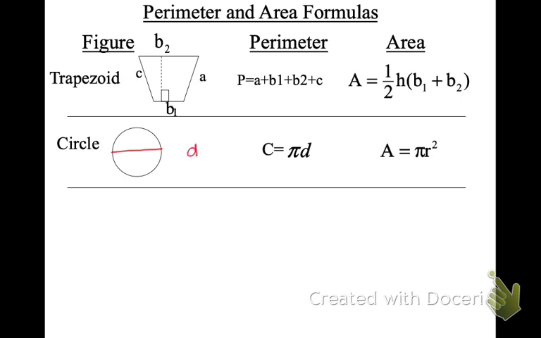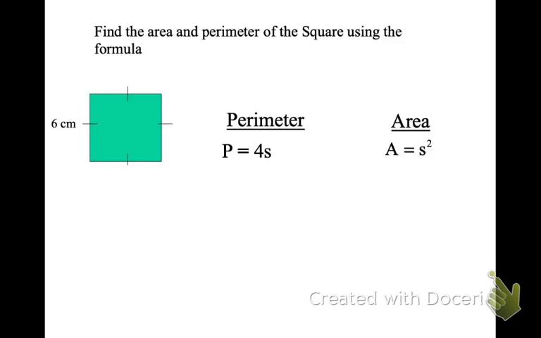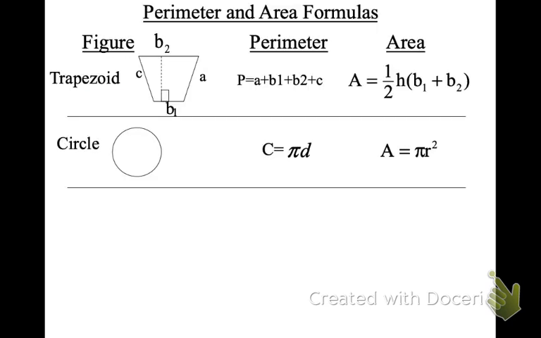And if it's half of it, it's the radius. The diameter is the distance across. Half of it is called the radius. So a diameter is equal to 2 radiuses. So those are our area formulas.